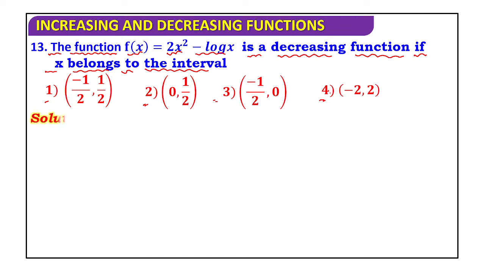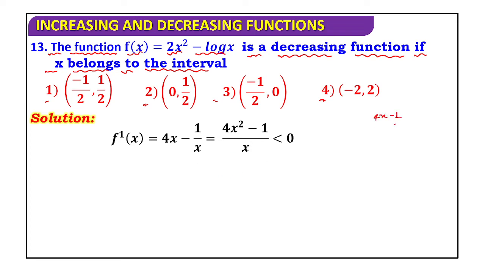First we shall differentiate it. We are going to get 4x minus 1 by x. If you simplify it, it is 4x square minus 1 greater than 0 for increasing, because f dash of x should be greater than 0. For decreasing, 4x square minus 1 must be less than 0.